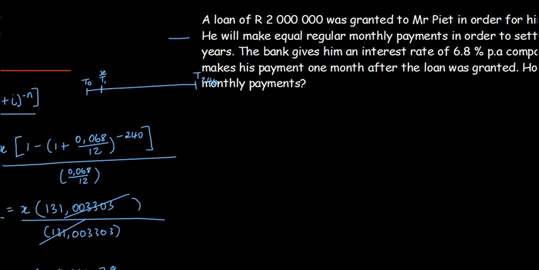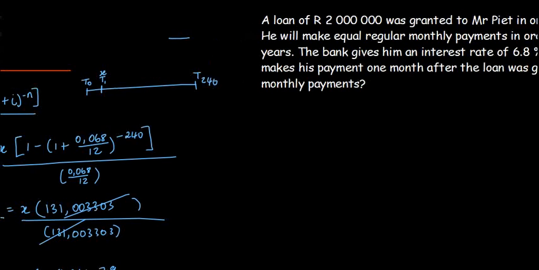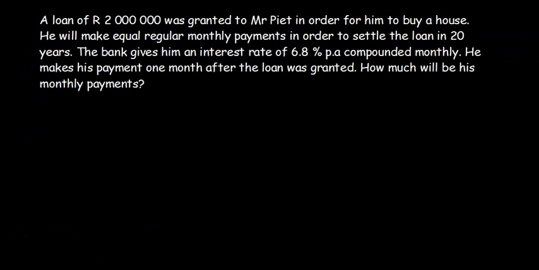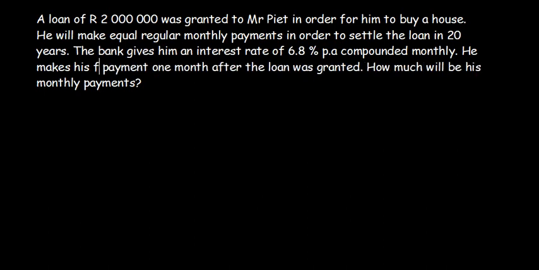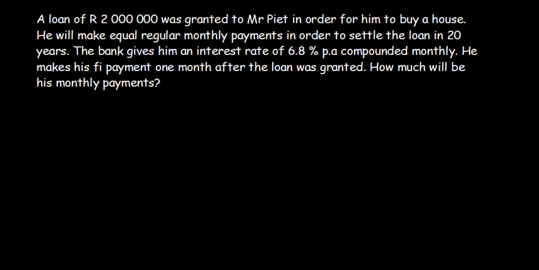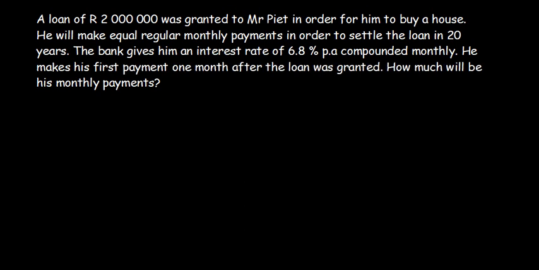problem again, but we're going to rephrase it this time. So this time we're going to say he makes his first payment 8 months after the loan was granted. How much will be his monthly payments?